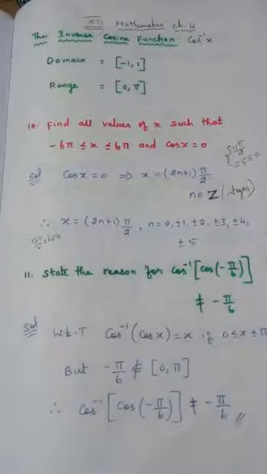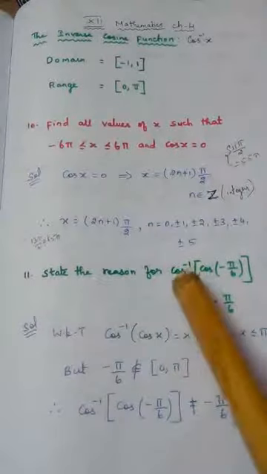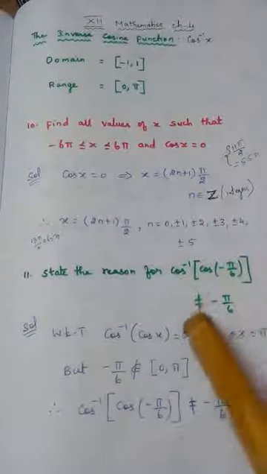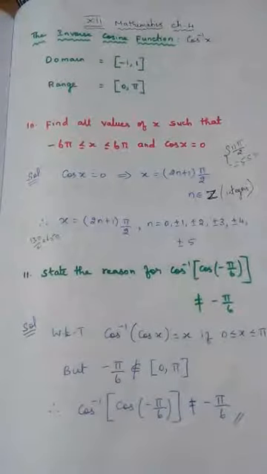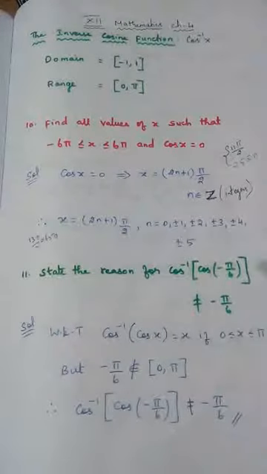Problem number 11. State the reason for cos inverse of cos of minus pi by 6 is not equal to minus pi by 6. So they are asking us to give the reason why these two are not equal. Again, same kind of problem we have seen while discussing the inverse sine function also.